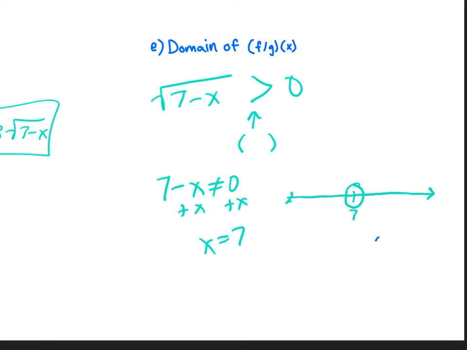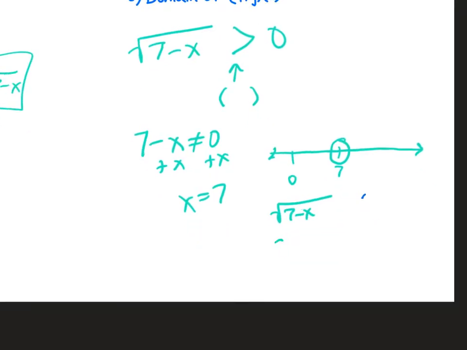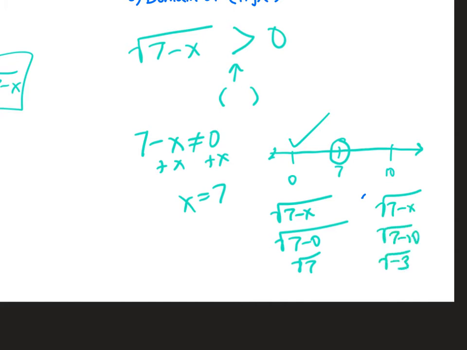Now pick a number on the left-hand side. I'm going to use 0 because 0 is less than 7 and it's an easy number to work with. So I take my function, 7 minus x, and I say, okay, 7 minus 0. Well, the square root of 7 is gross, but it's a real number, so stuff over here works. Now I'm going to pick a number over here, let's say 10. So I say the square root of 7 minus 10, and I get the square root of negative 3.